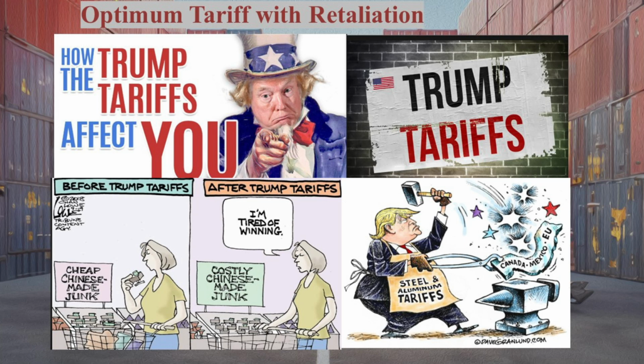Recently, jokingly, it has been said that Donald Trump, the president of the US, has what is known as the Trump tariff. Donald Trump, after assuming his second term as US president, has retaliated with tariffs, especially against countries like China, on goods like steel and aluminum.